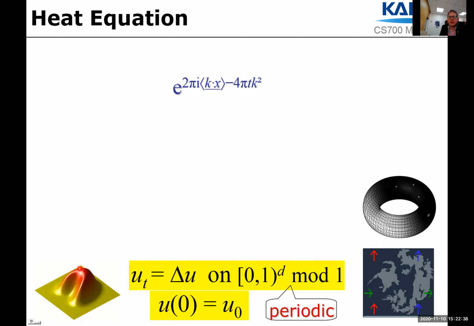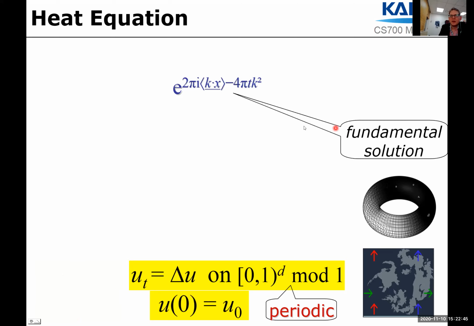And similarly, this is the fundamental solution of the heat equation, which you can easily verify satisfies the heat equation. So what you see here is k is some vector, let's say some integer vector, d-dimensional vector. x is the space coordinate, right? So here, for example, this is dimension 2. And this is the inner product of this integer vector with the spatial vector x.